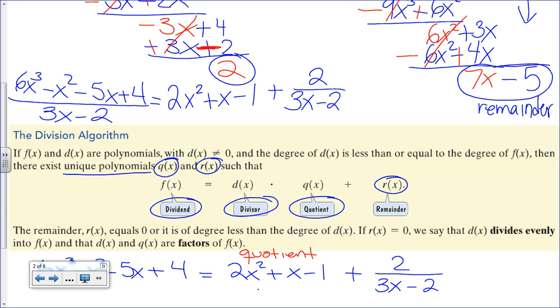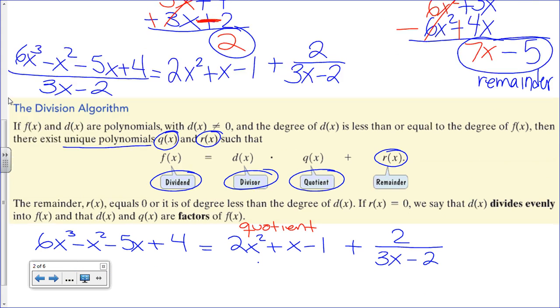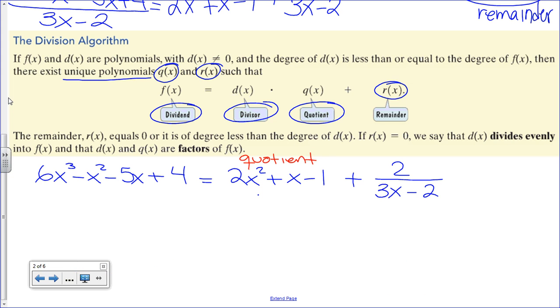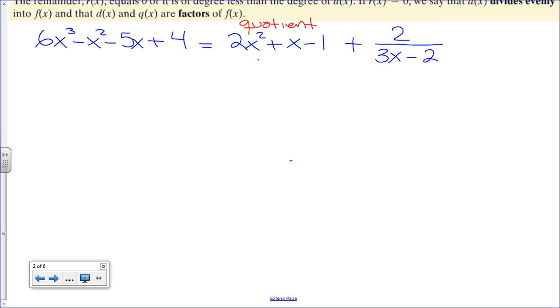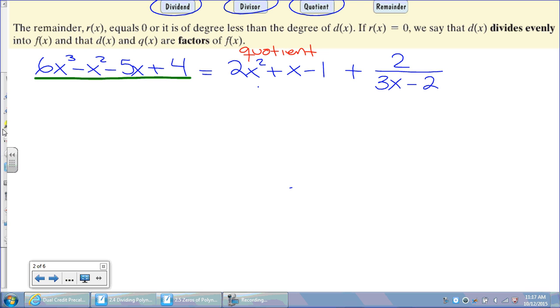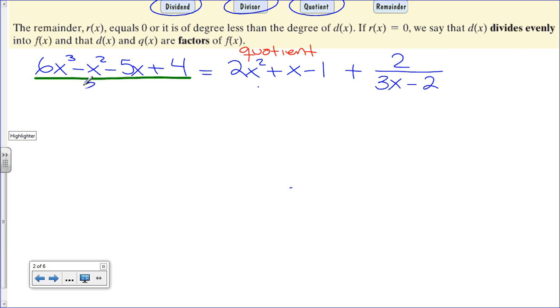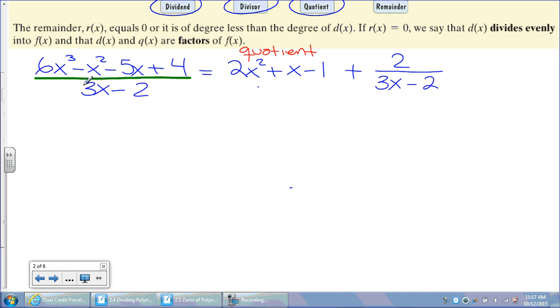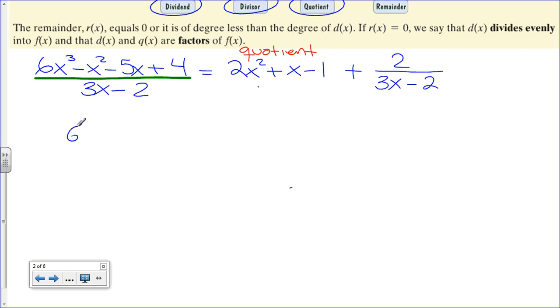I apologize for that. So please correct your paper. Okay, so going back here, it's all of that divided by 3x minus 2. And now I'm going to write the same thing.